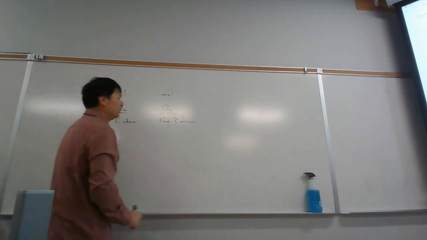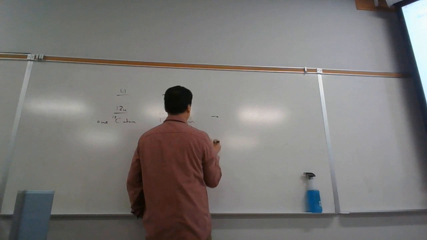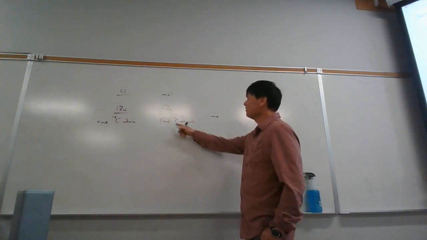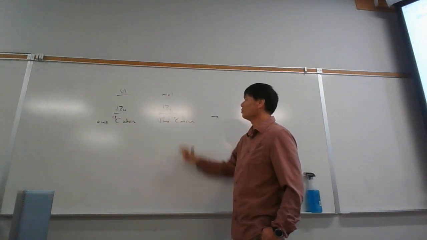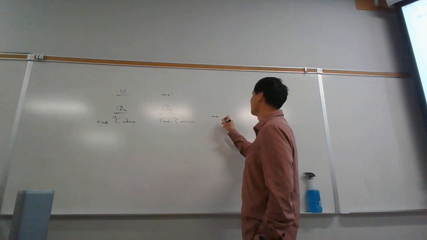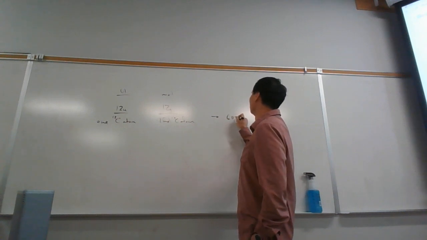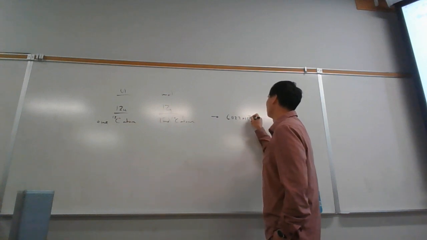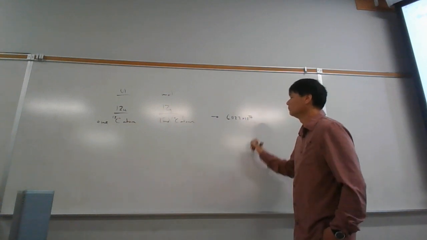And then the next thing is, how many carbon-12 atoms are there in 12 grams of carbon-12? And that's where we get Avogadro's number. Good, 6.022 times 10 to the 23rd. I have a question about Avogadro's number.